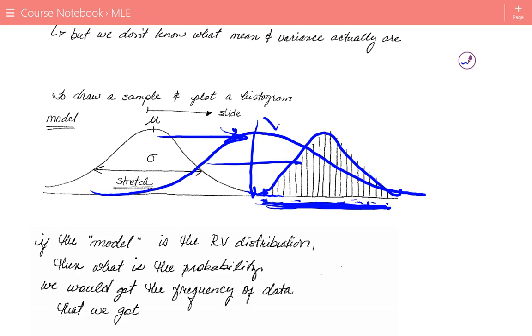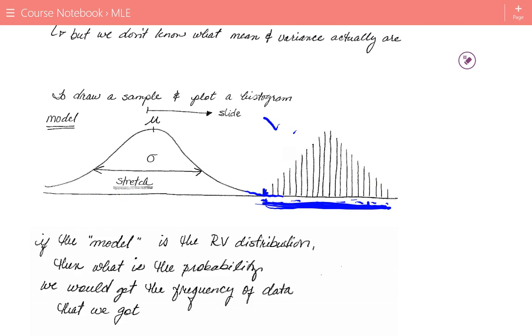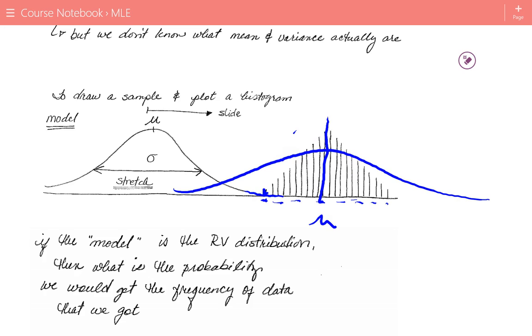But we probably could do better. We could move it even further so that it lines right up with the mode of the data. And this is going to give us a higher probability under this potential normal model for this data. Maybe so, but we could even do better perhaps, because notice how spread out this distribution is.